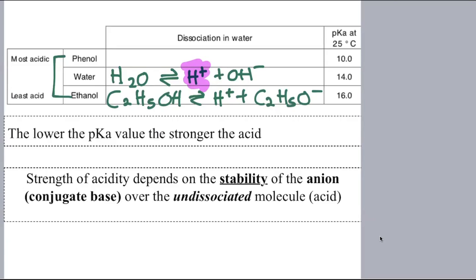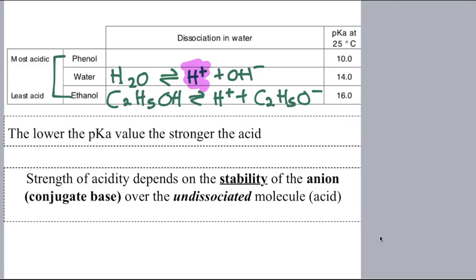If we compare it with water, they're very different, so that obviously helps explain why the acidity is quite different as well. There are two ways of explaining why phenol is more acidic than any of the alcohols. It's not just ethanol; this applies to any alcohols, methanol, propanol, butanol, and so on.